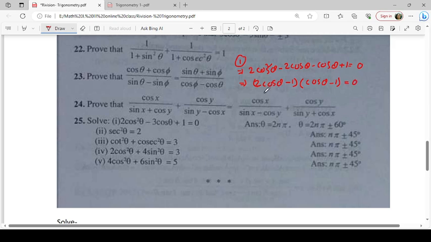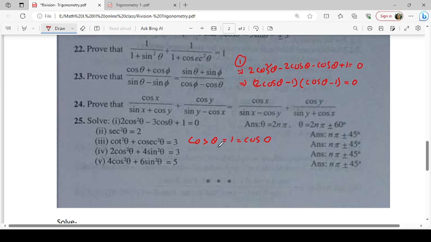So one factor gives cos theta equal to half, and the other root is cos theta equal to 1. When cos theta equals 1, the principal value is cos of 0, so it is twice n pi plus minus 0, so its answer is twice n pi.